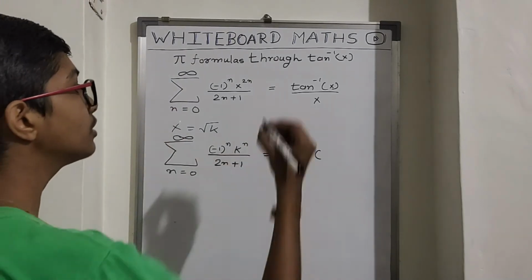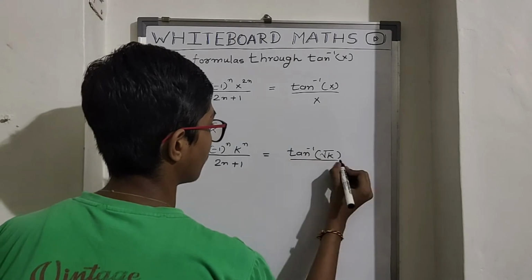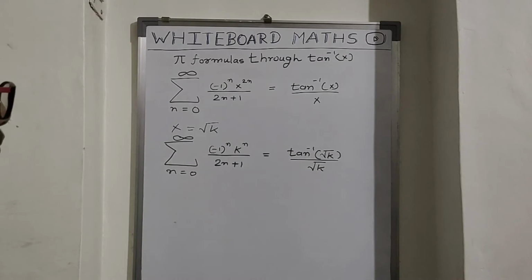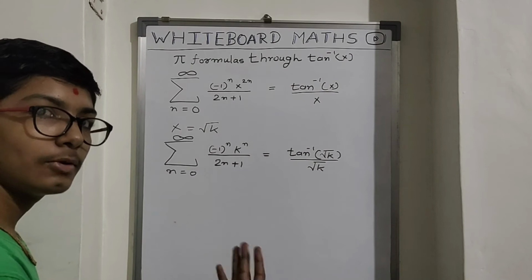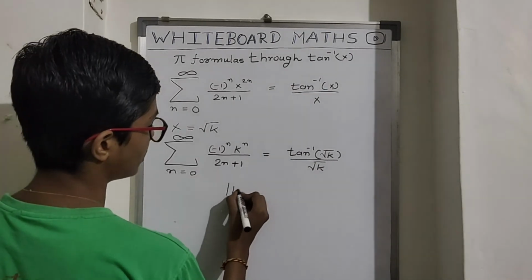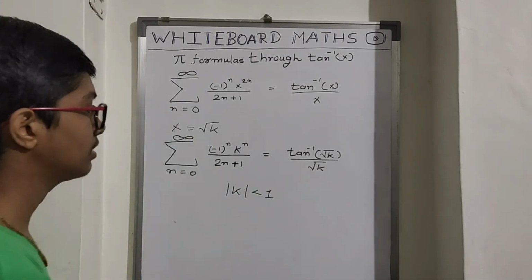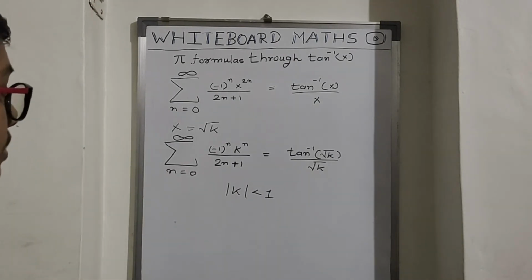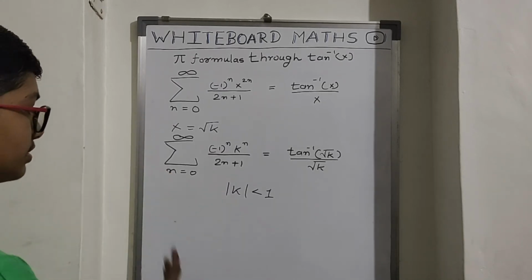As we have substituted, this will become the square root of k over the square root of k. And there is obviously a condition that we are not mentioning. We have mentioned it earlier, but we will mention it again, that the absolute value of k needs to be less than 1. So this is our formula, and we will just plug in values into it.